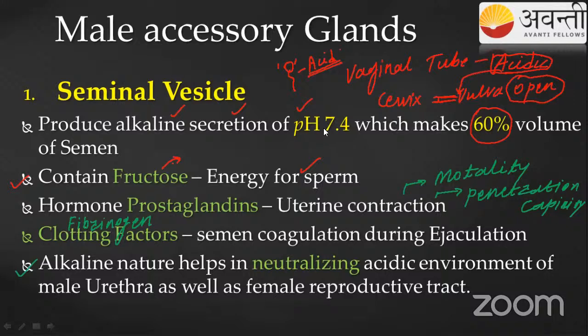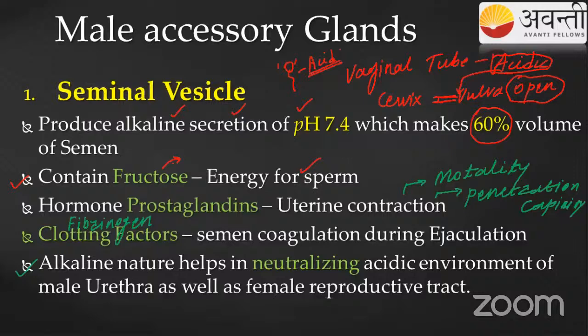सो वी फर्स्ट ऑफ ऑल डिस्कस अबाउट सेमिनल वेसिकल. प्लीज listen carefully. Okay, seminal vesicle is basic in nature. Okay, and it contributes 60% volume of the semen. Okay, complete semen. Why is it basic in nature? Because we already know vaginal tube is acidic in nature and we want to neutralize it before ejaculation.